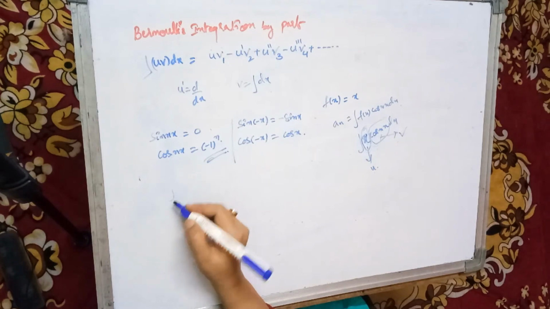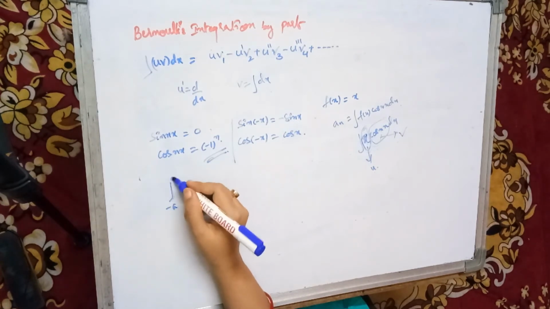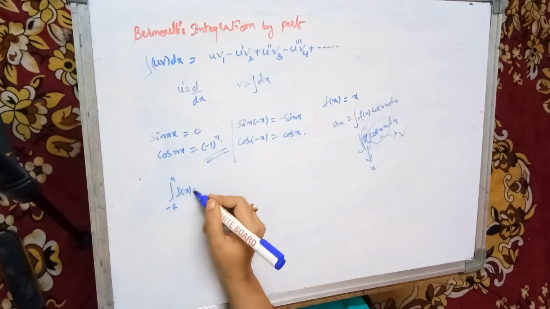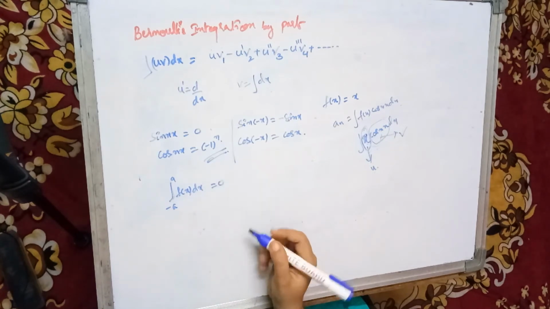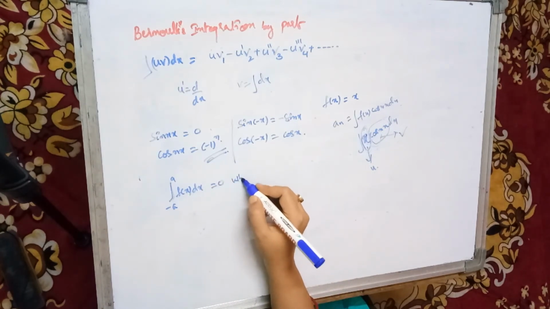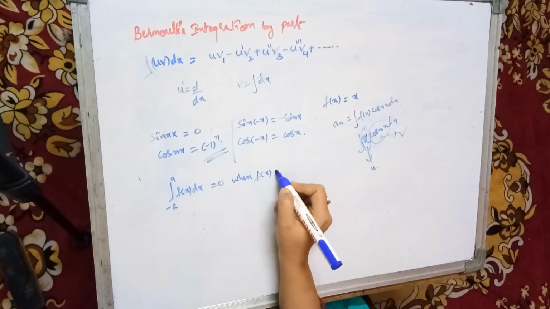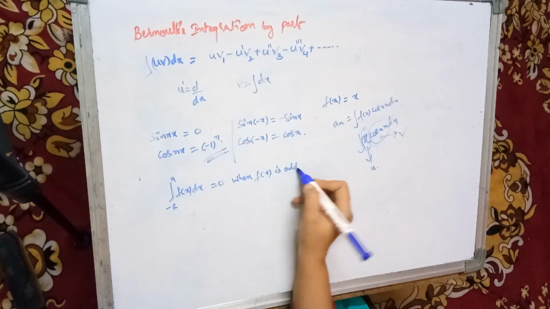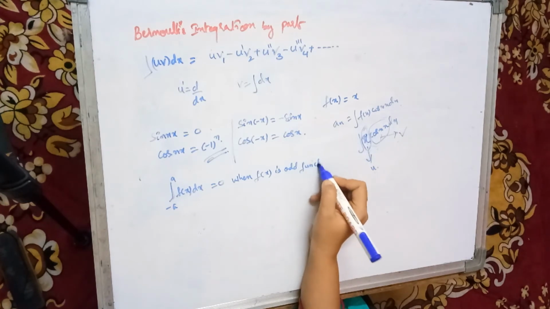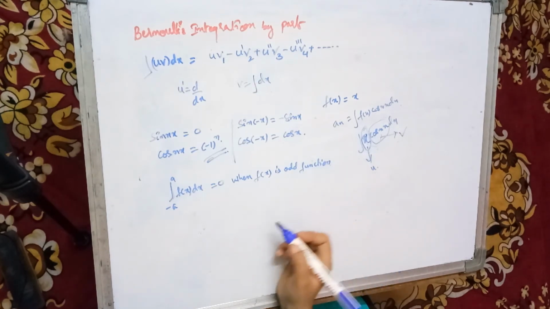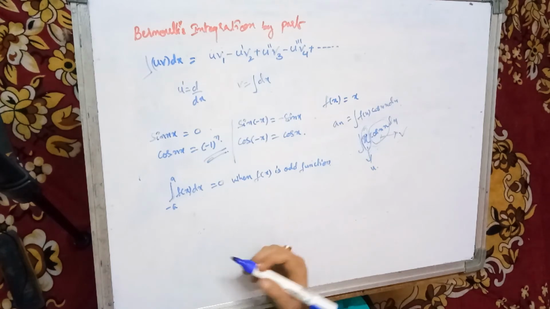And the integral from minus a to a of f of x into dx is equal to 0 whenever the given function is an odd function. And how are you going to check whether the given function is odd or even?